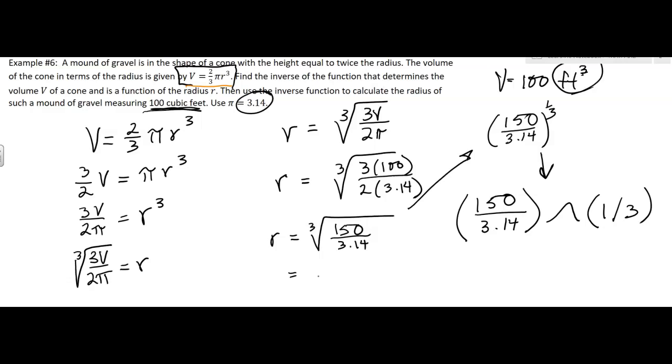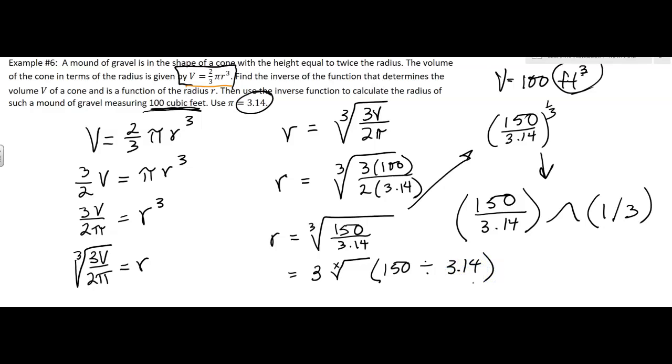I think I have to put in the 3, and then I put in, you might have a calculator like mine, so I have to put the 3 in, and then it's showing this on my calculator, and that 3 is for the root that I want, or the index that I want. But then I've got to put in parentheses, and I've got to put 150 divided by 3.14 and close that off.